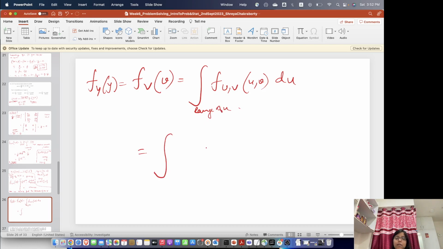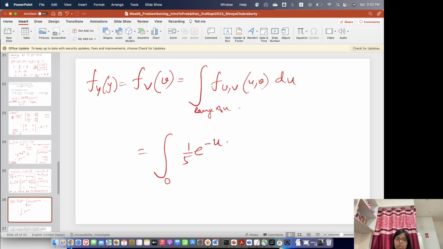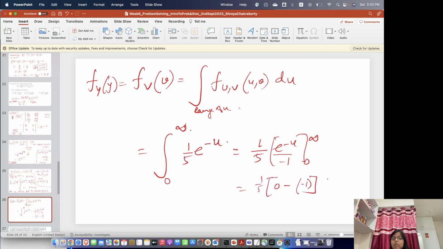So then this will be 1 by 5 e to the power minus u, and u can range from 0 to infinity. So this will be 1 by 5 e to the power minus u, minus 1, 0 to infinity, 1 by 5, 0 minus of minus 1, that is 1 by 5. So when does this hold? When v will range from 1 to 5.